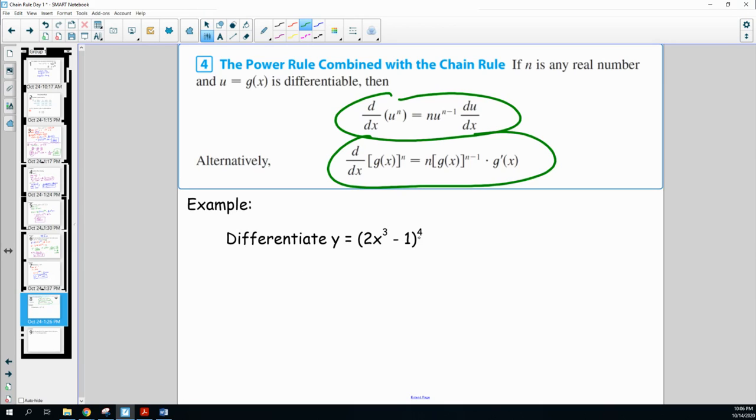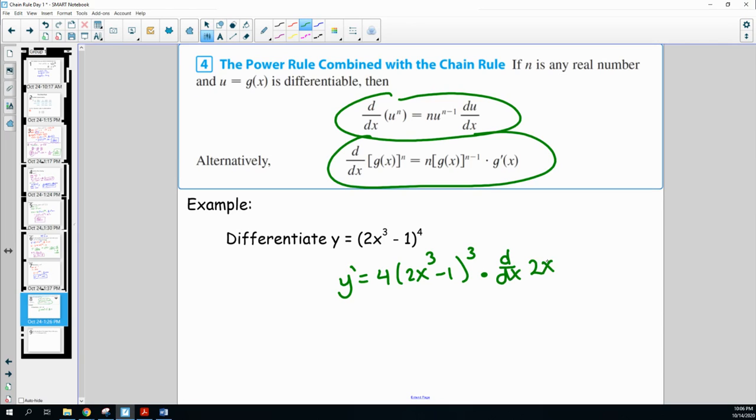So again, if you want to think about your outer function and your inner function, the outer function is something to the fourth. The inner function is this 2x cubed minus 1. If I were to do the power rule on this, the 4 is going to come down. So y prime is going to be 4 times 2x cubed minus 1 to the third. But because what's inside has a derivative, I have to multiply by the derivative of what's inside.